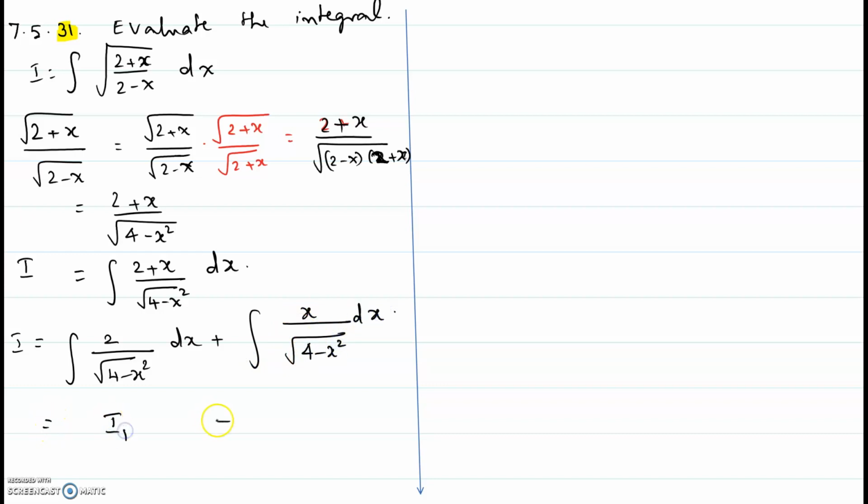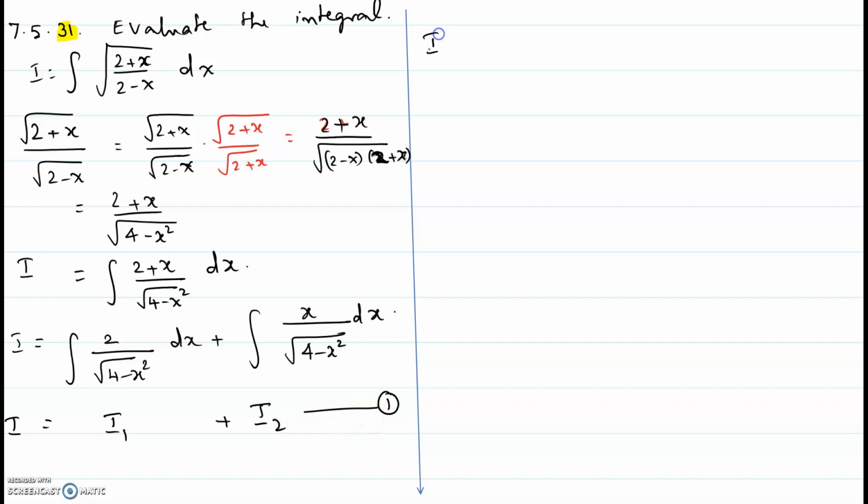We'll call them I1 and I2. So I is the sum of I1 and I2. We're going to evaluate each one of them separately and then plug back into this step 1.